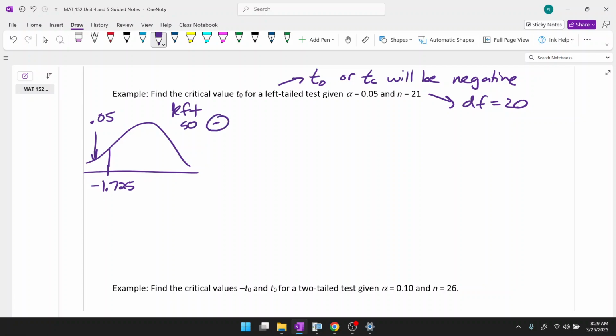Now, if you actually were to do, like if we called this area A, remember how we did normal CDF? You do TCDF from negative 10 to negative 1.725 and 20. The third parameter is going to be your degrees of freedom.